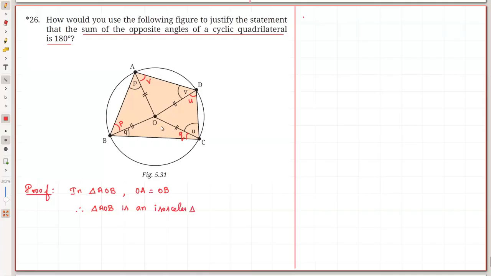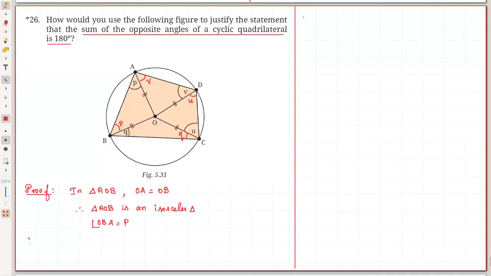If it's an isosceles triangle, base angles are equal. I can say that angle OBA is equal to P. Similarly, we can say this triangle, this triangle, this triangle, all the triangles are isosceles triangles.